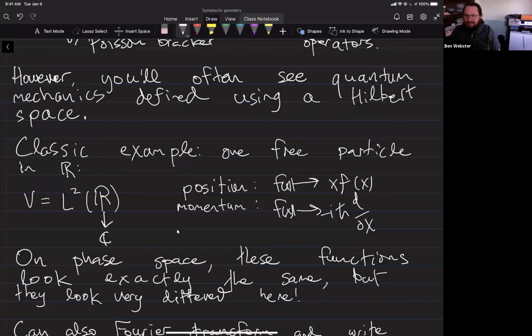And it's particularly bad because a lot of mathematicians decide, oh, these factors of h bar are just dumb, I'm going to get rid of them. So if you read sources written by mathematicians, quite a bit of the time the h bars aren't there, which just makes it harder if you're trying to write the version with them included.